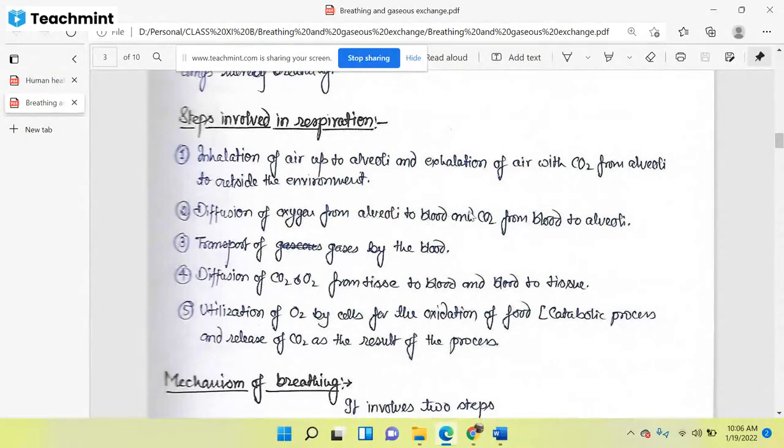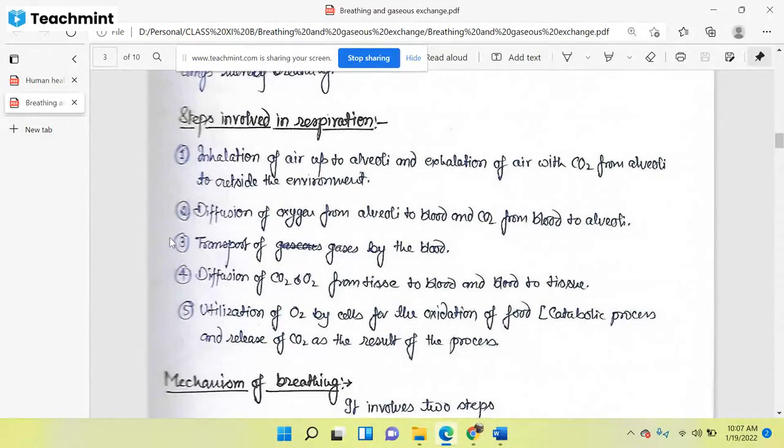And here, carbon dioxide from blood to alveoli: whatever carbon dioxide has been transported from the tissue and cells of your body will be in that blood vessel, and that carbon dioxide will diffuse from your blood vessel to the alveoli.